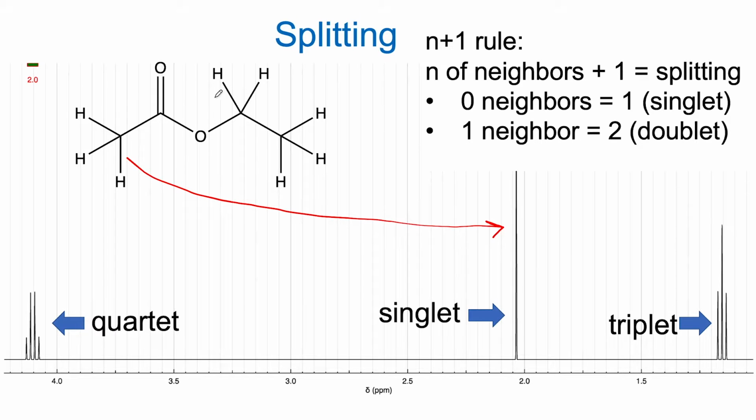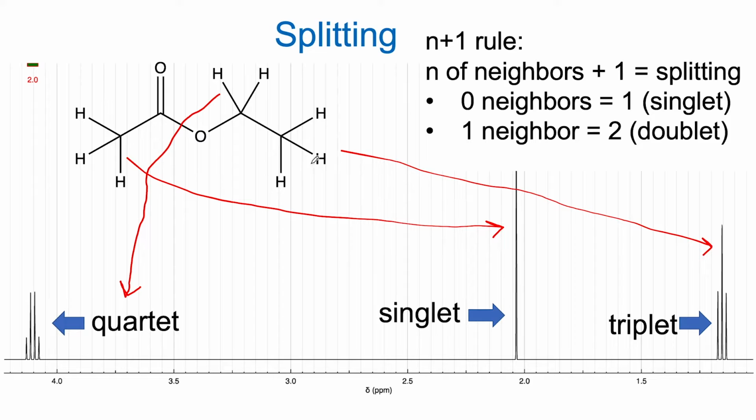So these hydrogens probably give you this quartet. And then lastly, by process of elimination, these 3 give you the triplet. That occurs because these have 2 neighbors. 2 plus 1 is 3, and 3 is a triplet. So these hydrogens give you that signal.